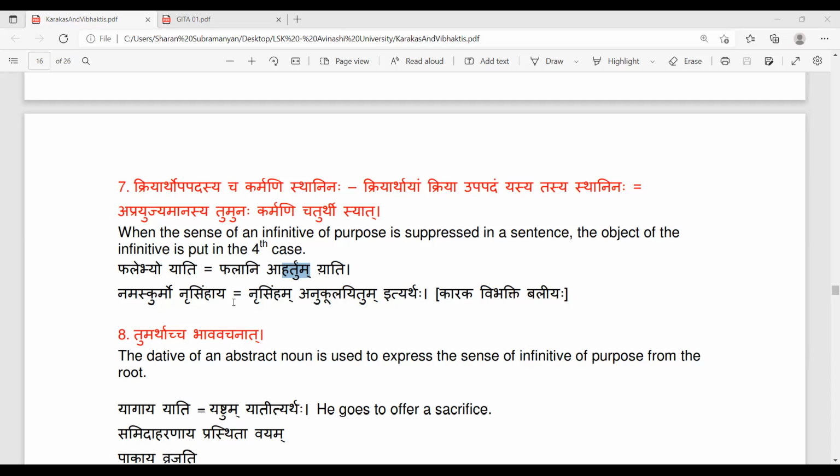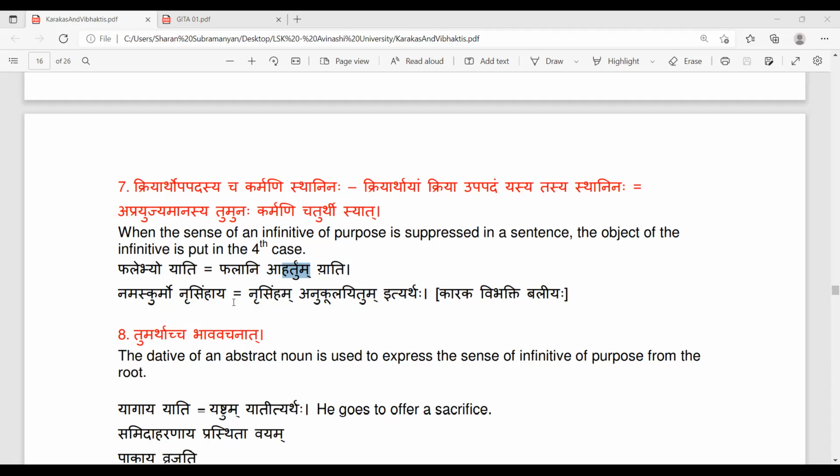Therefore, Karaka Vibhakti baliyaha: Narasimha is in Chaturthi Vibhakti because it is Sampradanam. This example we have already seen in some other context. Upapada Vibhakteh Karaka Vibhaktih baliyasi.